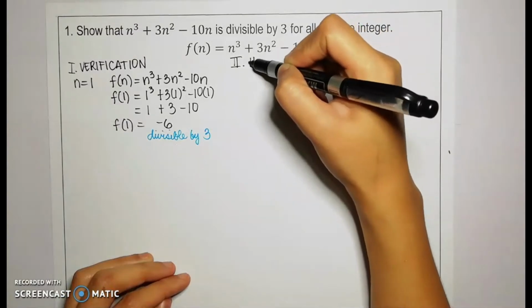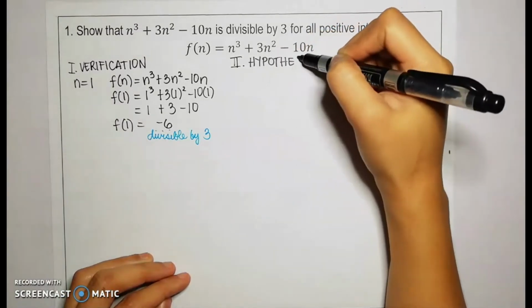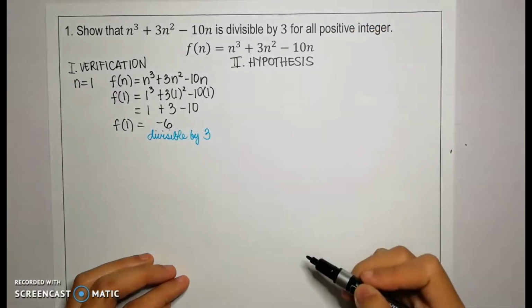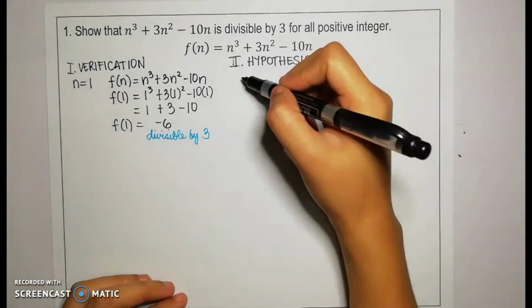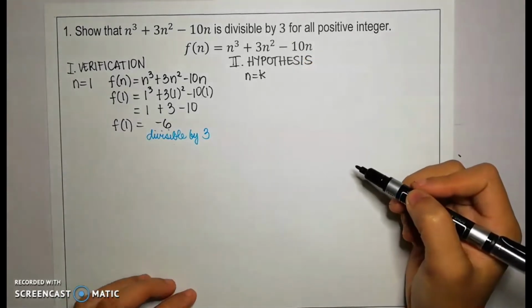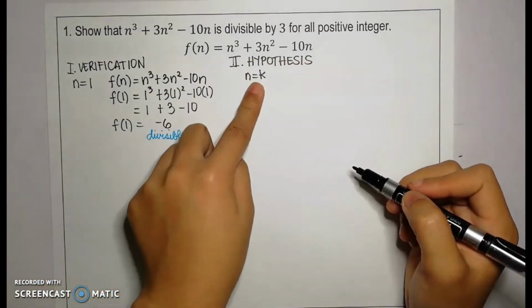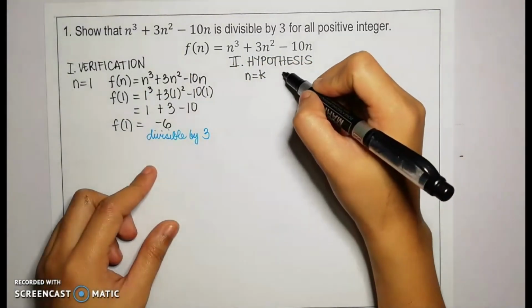The next step in proving divisibility statements is the hypothesis. For the hypothesis, we will let our n values become k. So let's copy the function and replace n with k.